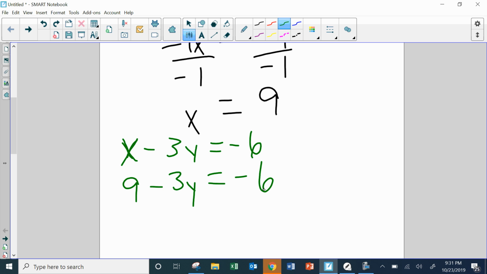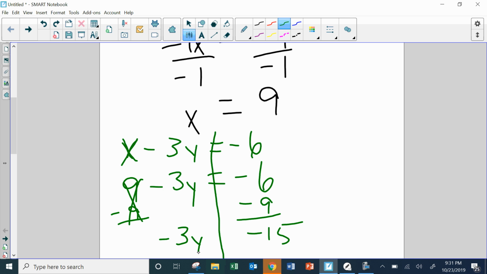Well, now I can solve it out. I saved division for last, so that means I subtract 9 first to get rid of it. So that all goes away. I subtract 9 there. I got to subtract 9 there. That gives me negative 15. This is my middle of the seesaw, so whatever I do on the left, I got to do on the right. I'm going to bring down the 3y, so I get negative 3y. Don't forget about the negative sign in front of the 3.